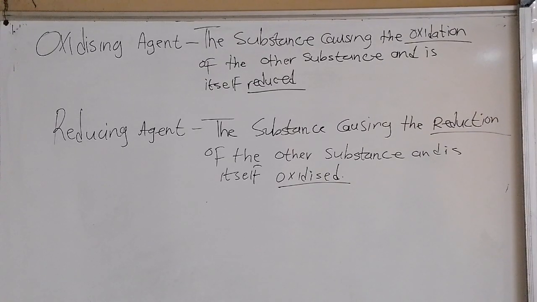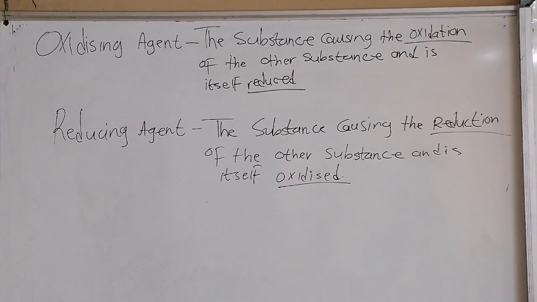Let me talk about the reducing agent. A reducing agent is the substance causing the reduction of the other substance and is itself oxidized. So we have the term reduction when we are defining the reducing agent. The term reduction means the gain of electrons, right?